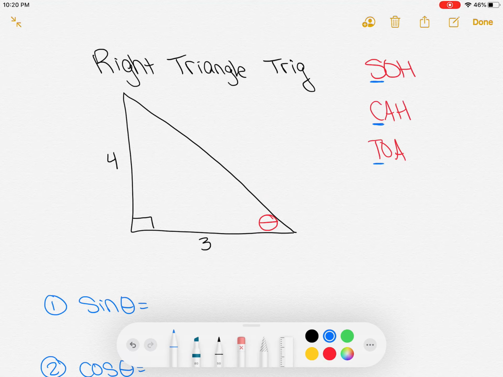Okay, but SOHCAHTOA ultimately is your sine, cosine, and tangent. But the rest of the letters represent your answer for what sine, cosine, and tangent are equal to.